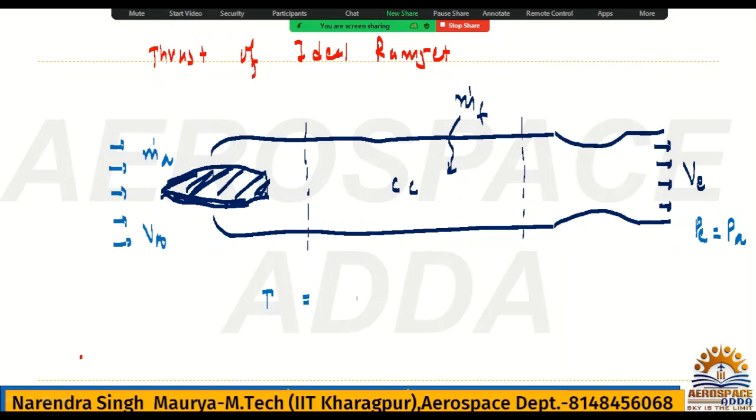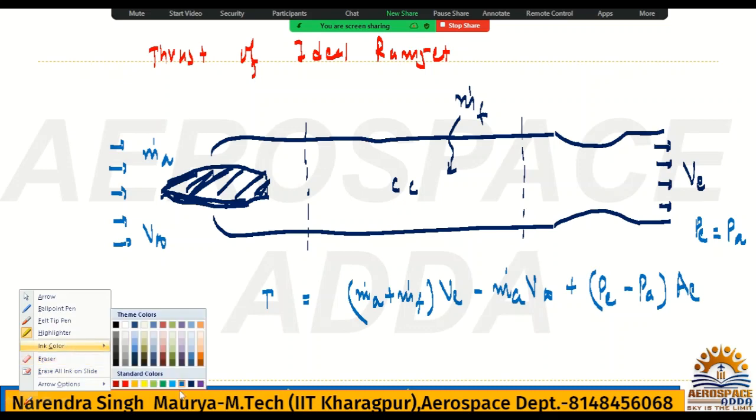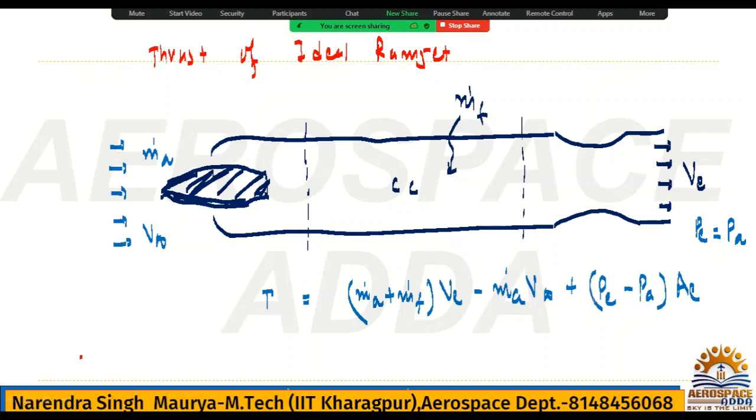We have (m dot a plus m dot f) into exit velocity minus m dot a into inlet velocity plus (PE minus PA) into A exit. But this is the pressure thrust, and because it is fully expanded, this value will be 0.